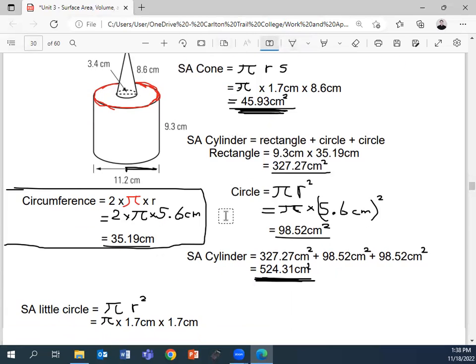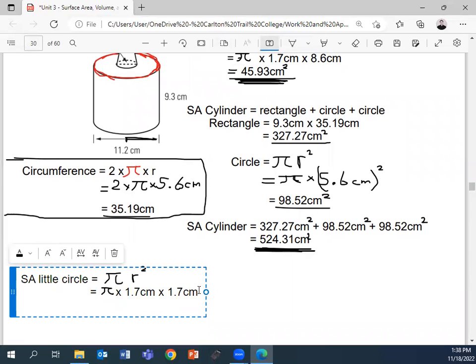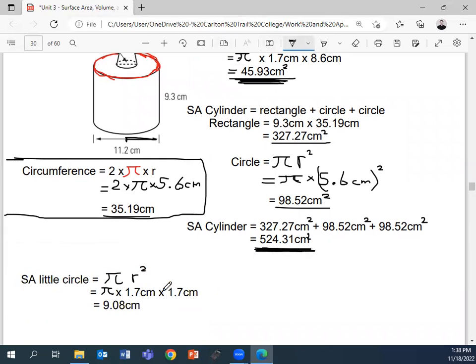And so when I put that in my calculator, that gives me 9.08 centimeters squared.